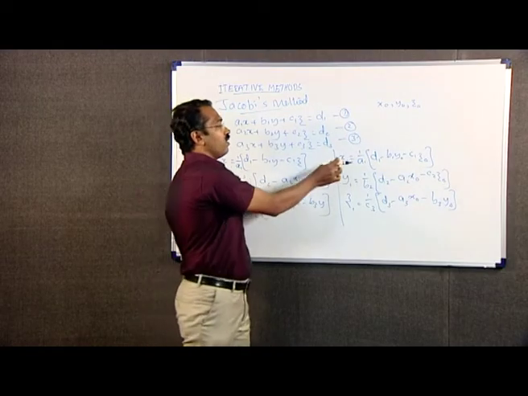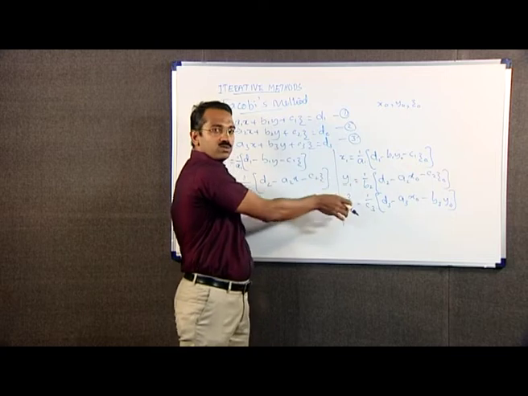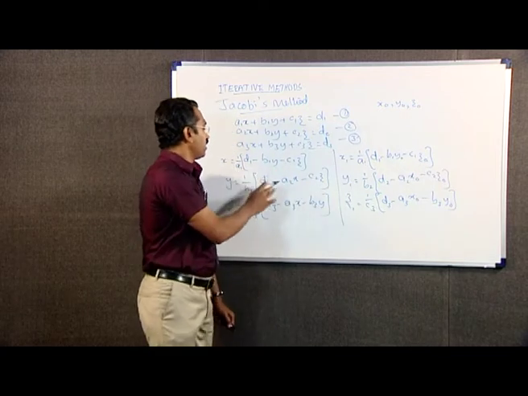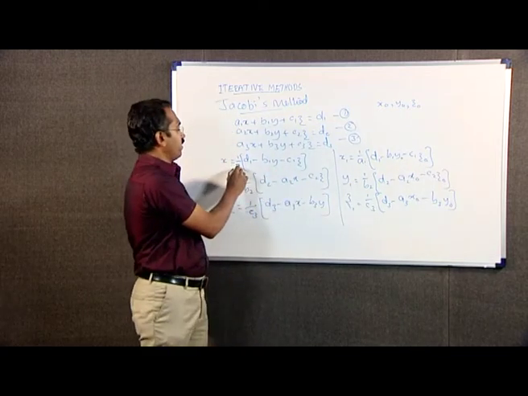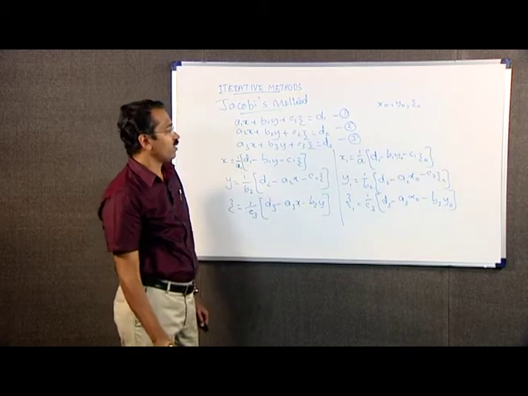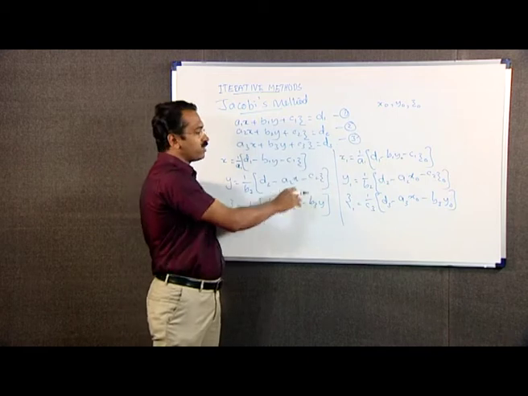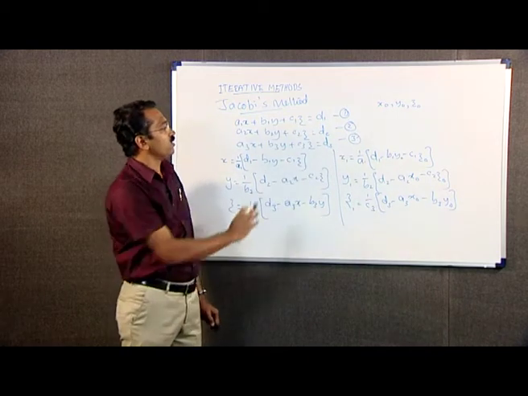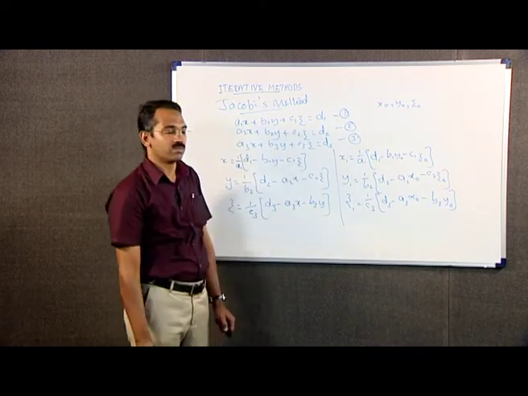Now, we will use these values in the same expressions for x, y, z respectively. We will get the second approximate values of the solution of the system.